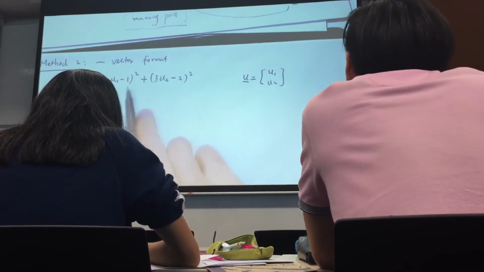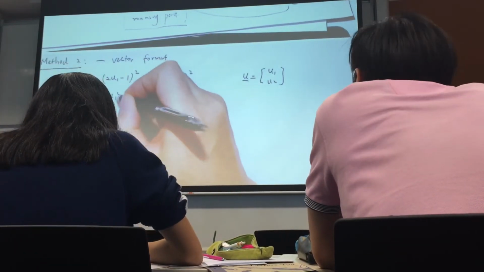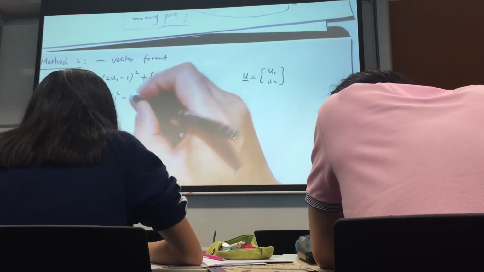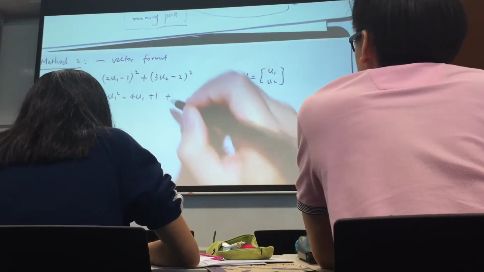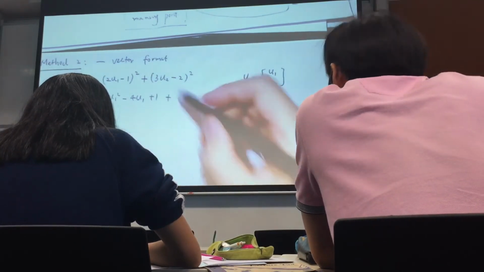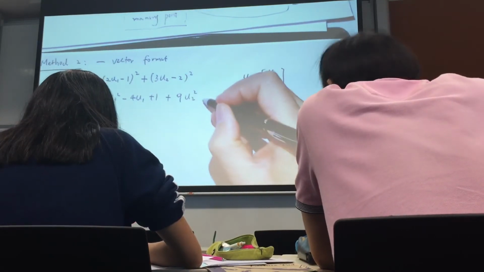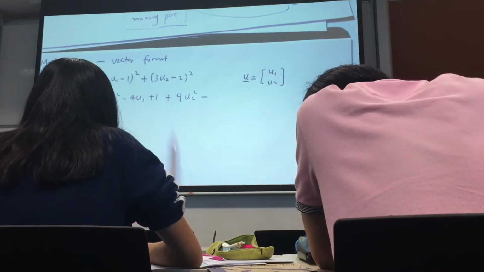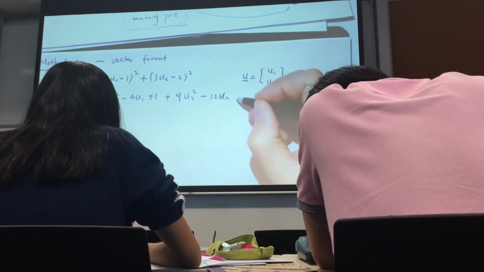So we can expand the equation. The first part becomes 4u1 squared minus 4u1 plus 1. From the second part, this is 9u2 squared minus 12u2 plus 4.